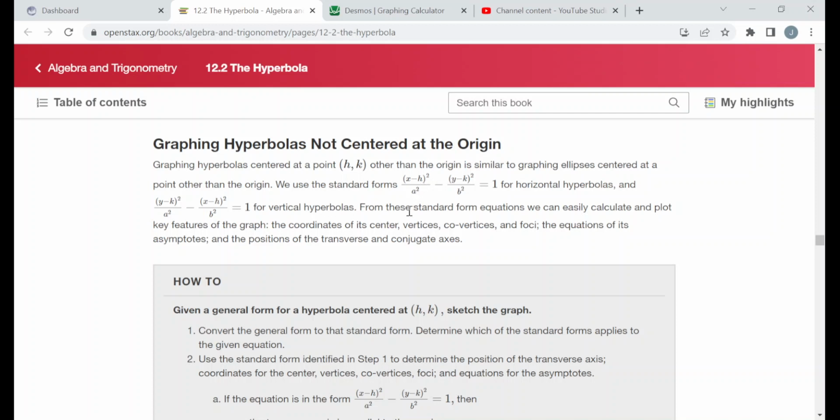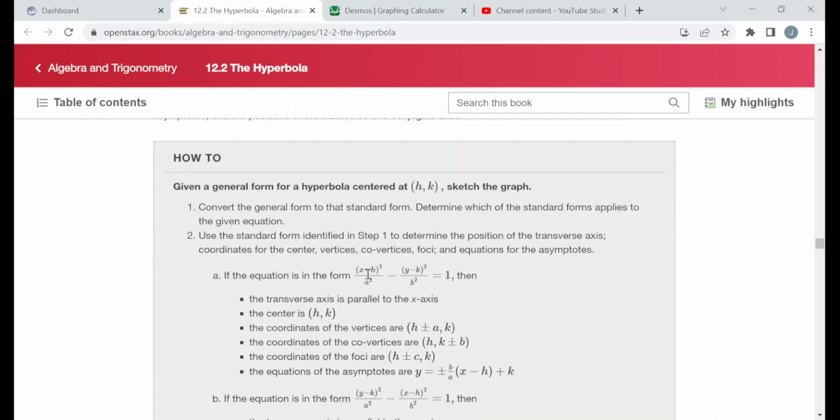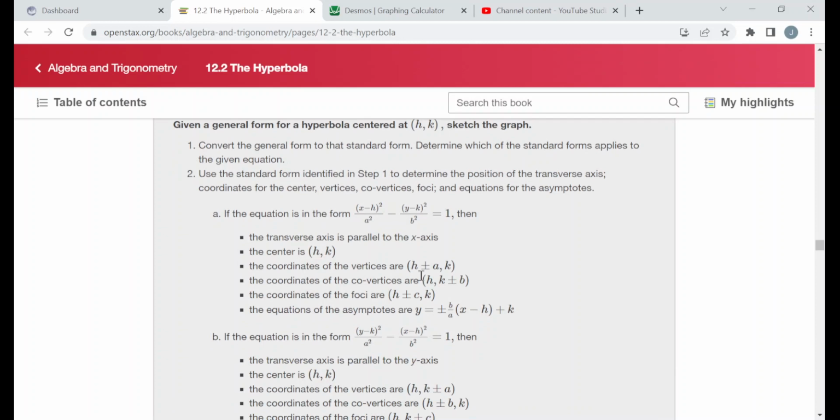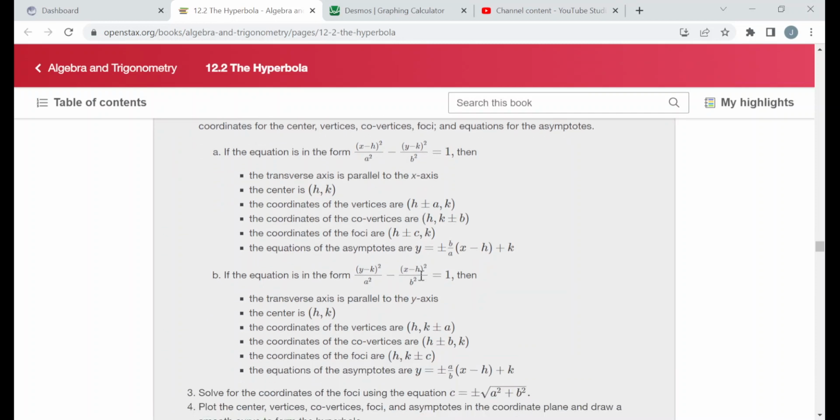So instead of x, we have x replaced by x minus h, and y replaced by y minus k, and then that shifts the center from the origin to the point h comma k. And they have this whole thing here about the different versions of the standard form for an equation of a hyperbola.